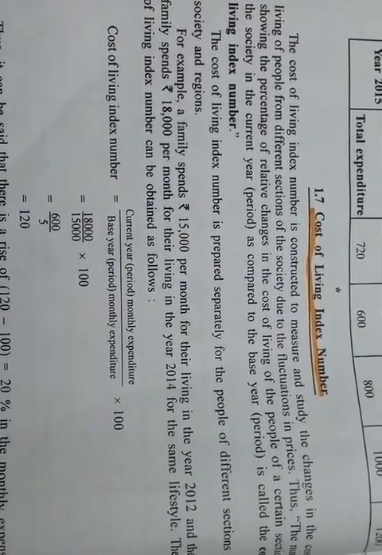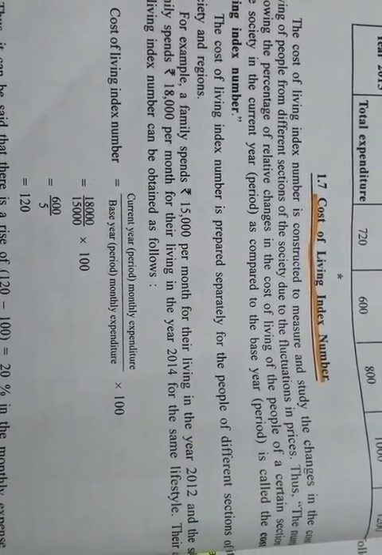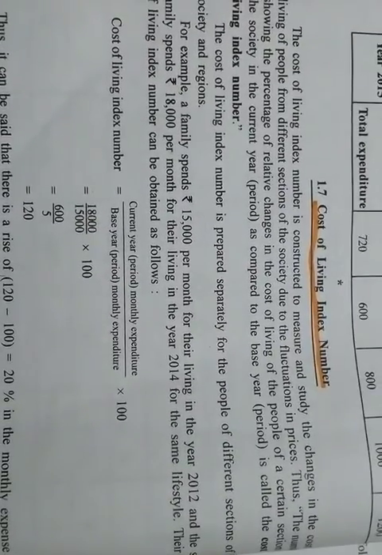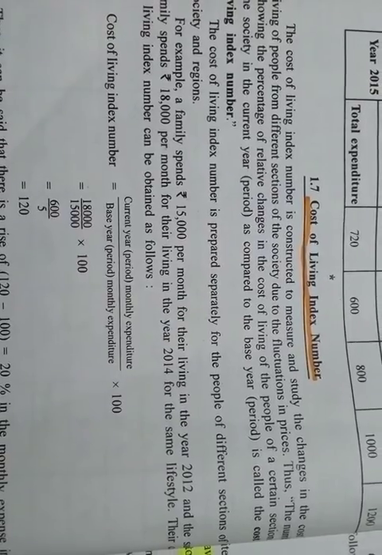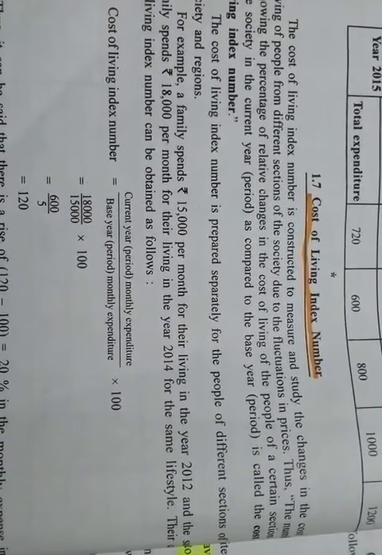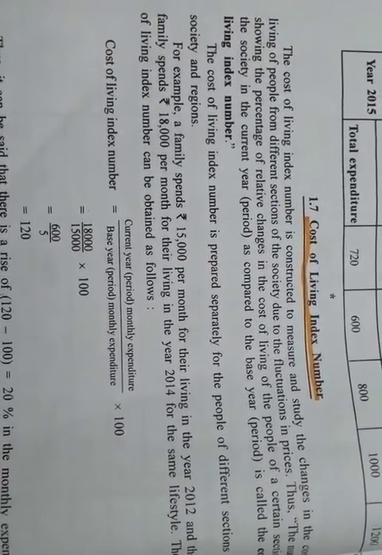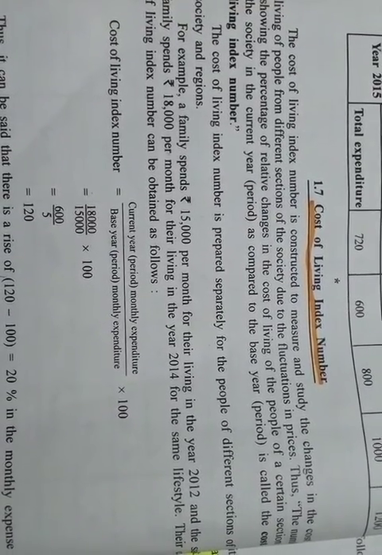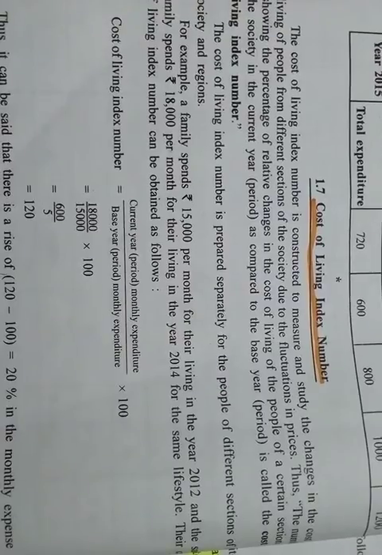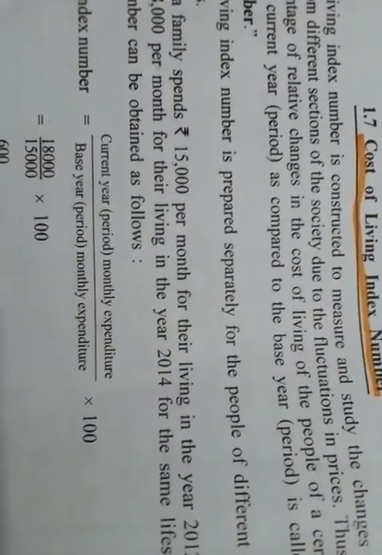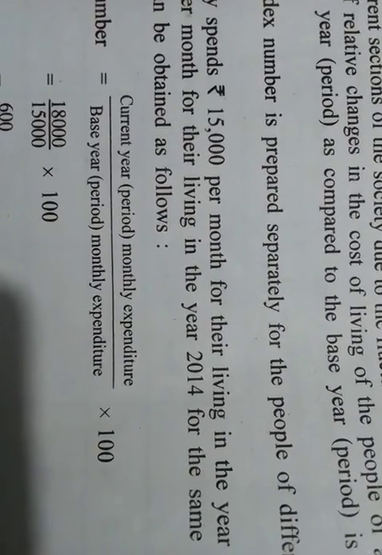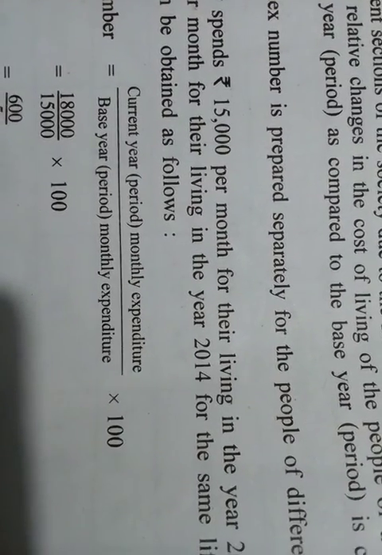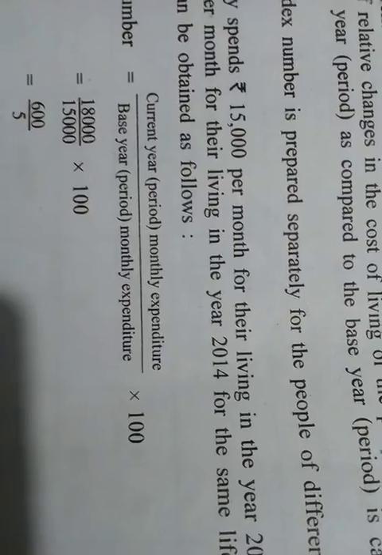For example, a family spends 15,000 rupees per month for their living in the year 2012, and the same family spends 18,000 rupees per month for their living in the year 2014 for the same lifestyle. There, the cost of living index number can be obtained as follows. Cost of living index number is equal to current year monthly expenditure divided by base year monthly expenditure multiplied by 100, which is 18,000 divided by 15,000 into 100.